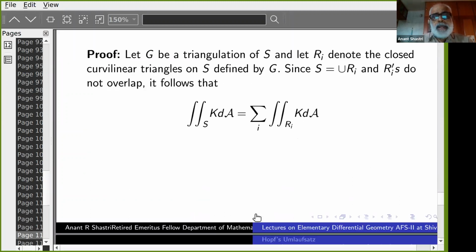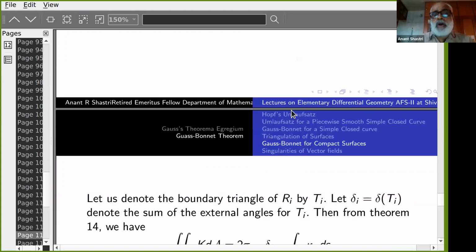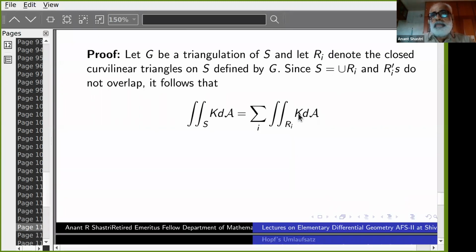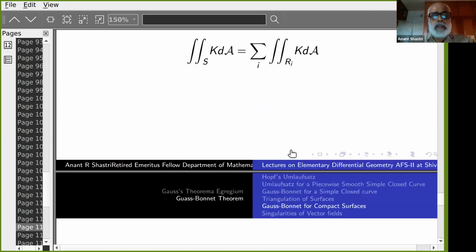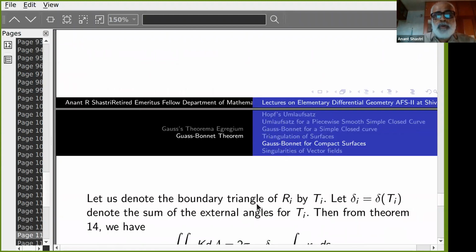Next, for each Ri, we know the formula. Why? Because each Ri is contained in a surface patch, and the boundary is just a triangle, so it's very simple. Let us denote the boundary of the triangle Ri by Ti. Let delta i equal delta Ti, the sum of the external angles of Ti.